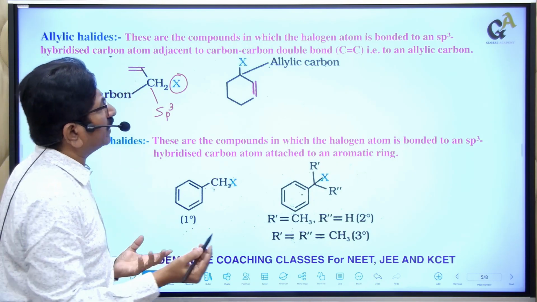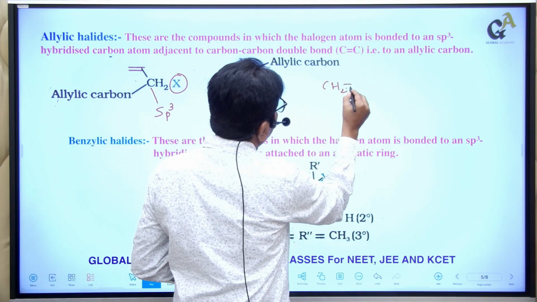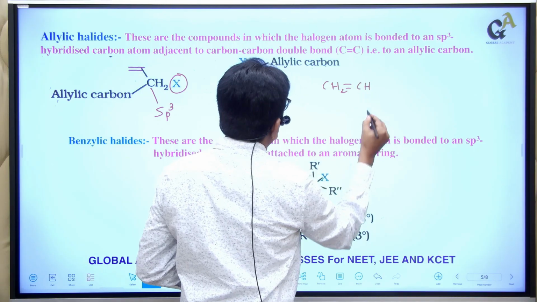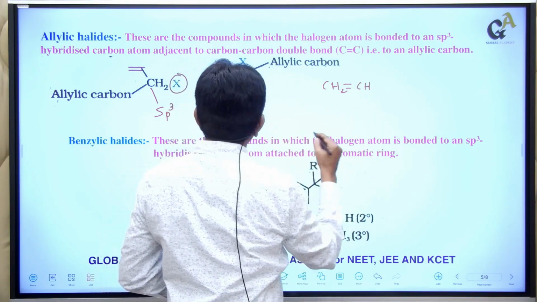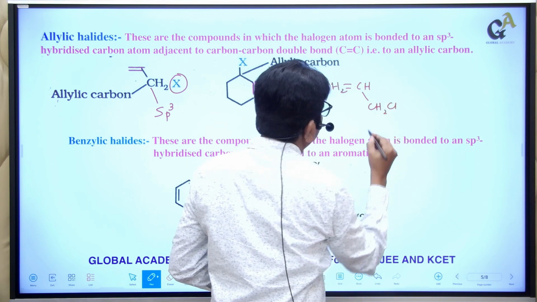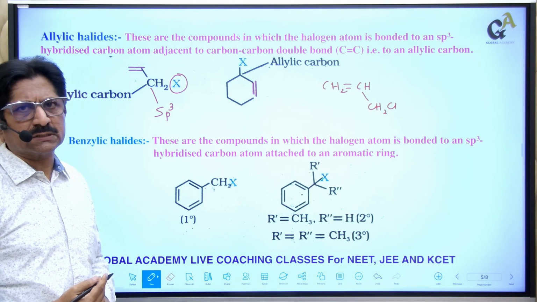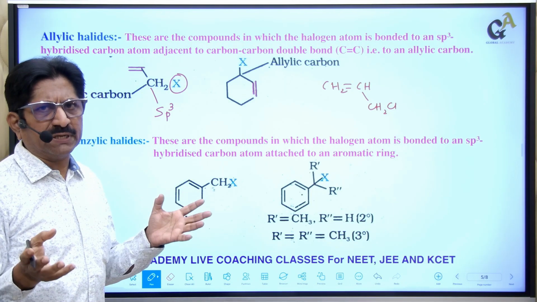For example, you can write this compound CH2 double bond CH, CH2Cl. This is called chloropropene.